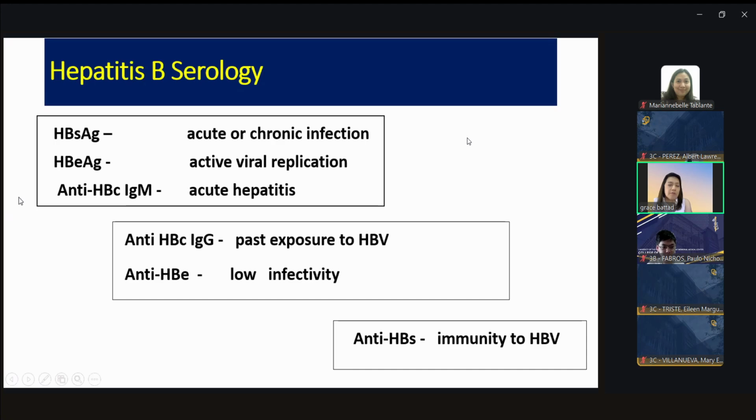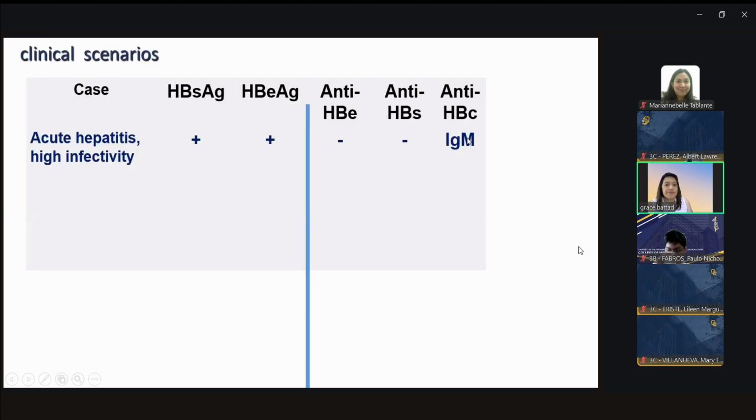So these are the combinations of your profiles. If you have an anti-HBe, it means that there is no active viral replication, there is low infectivity. But the most important marker we'd like to see is your anti-HB surface.